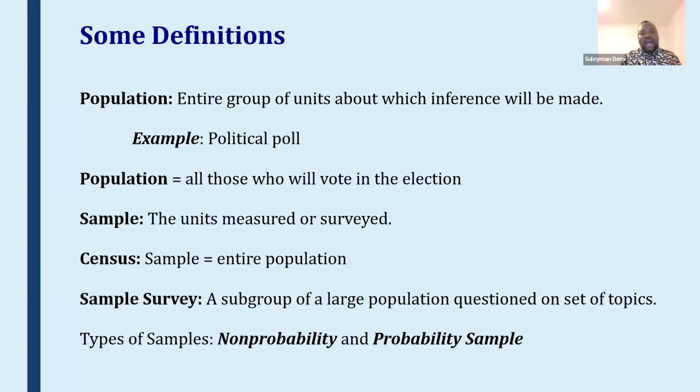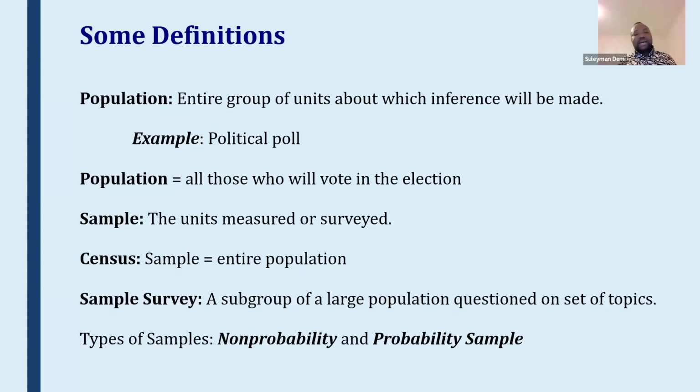In this case, I've narrowed down my population so that I'll be more precise in generalizing my findings. I can also say, for example, Black nurses, white nurses, female, male. The narrower the population is, the more precise your findings can be.